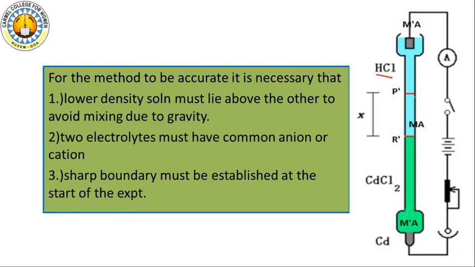When you take these electrolytes like this, with the lower density on top and higher density at the bottom, and the two electrolytes have a common anion, then there is a sharp boundary. Here you can see a sharp boundary between the two electrolytes before the start of the experiment.